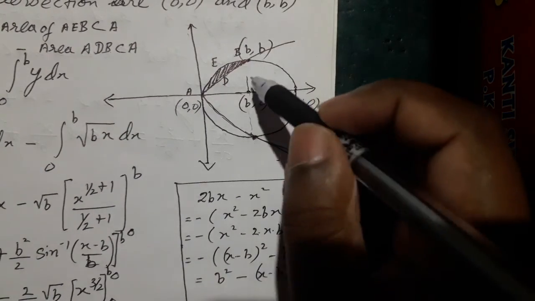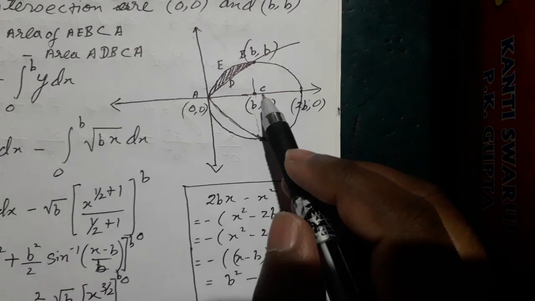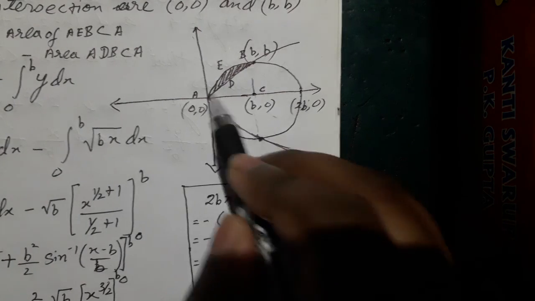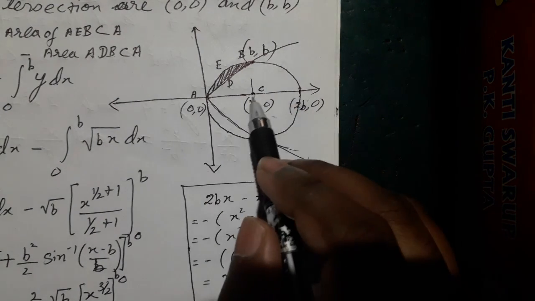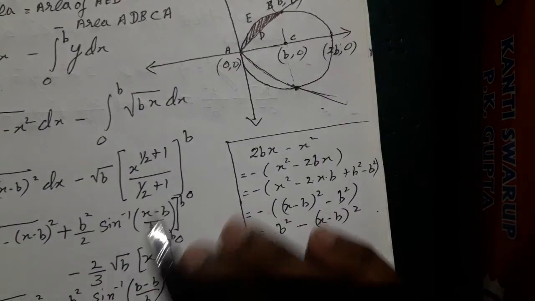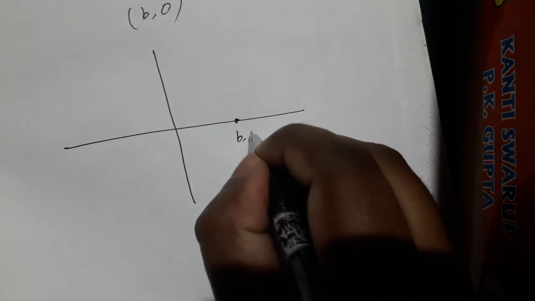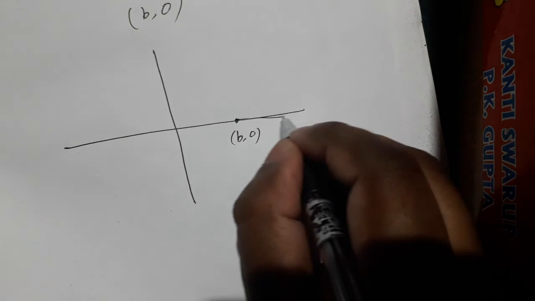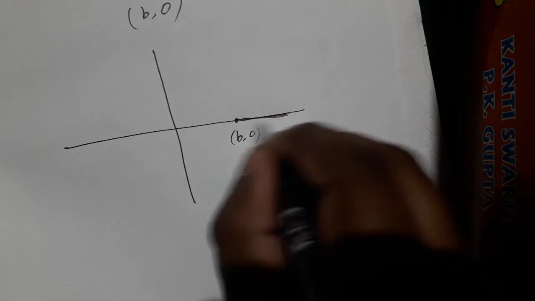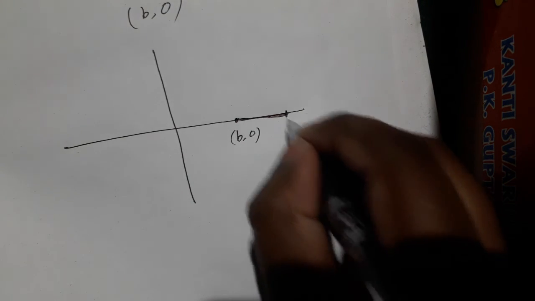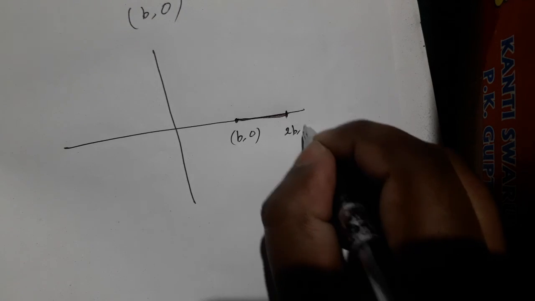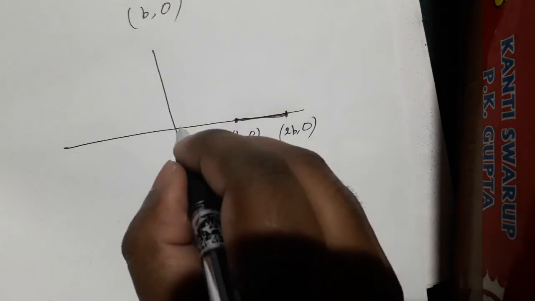Now let us draw this. First of all, I'll show you: this is the y-axis, this is the x-axis, so (b, 0) will be somewhere here, and this distance is b, the radius of the circle. So this will be nothing but (2b, 0).